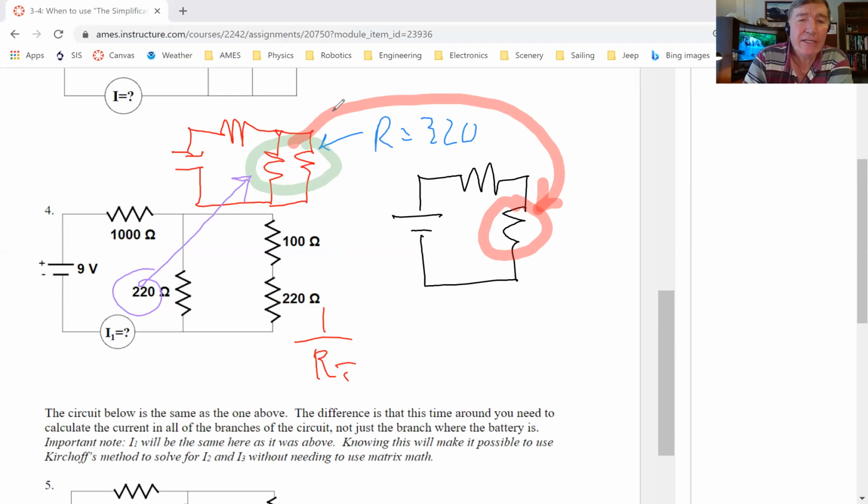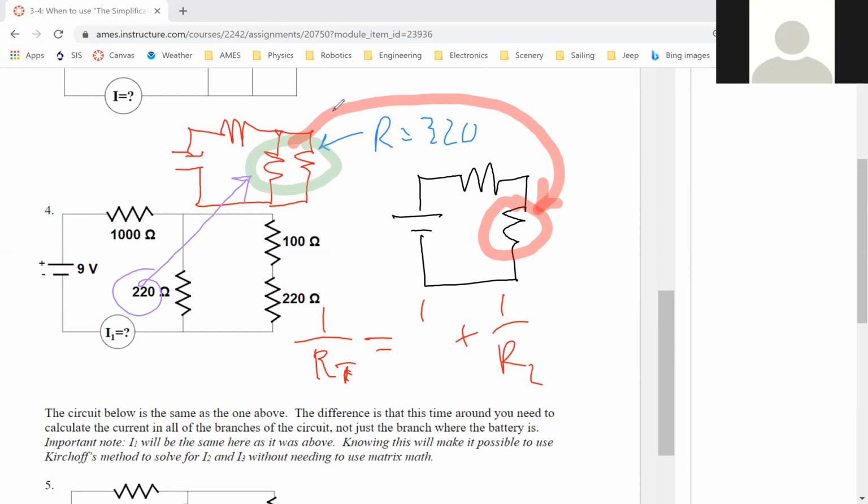Okay, if they're connected in parallel, the rule says 1 over R total equals 1 over R1 plus 1 over R2. That's the rule. Okay, so what is R1? R1 in this case is 220, since it's not marked.